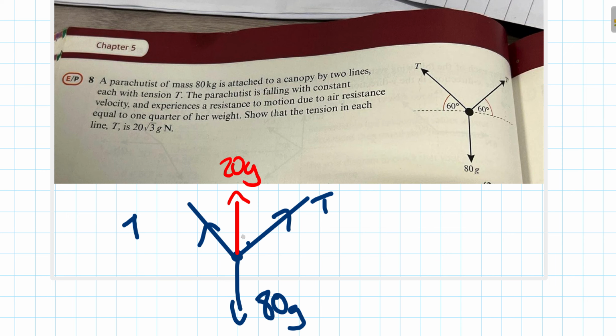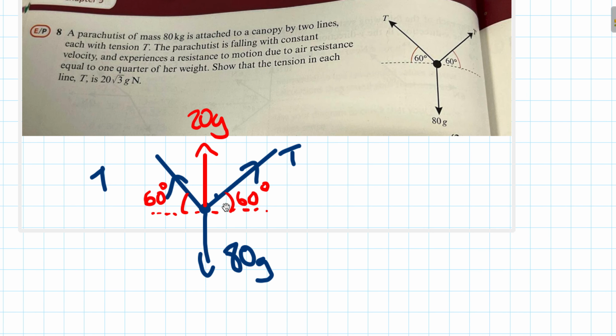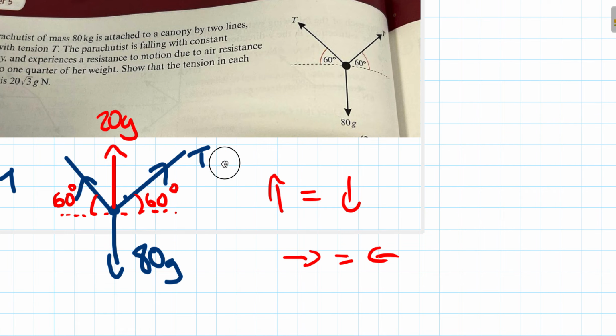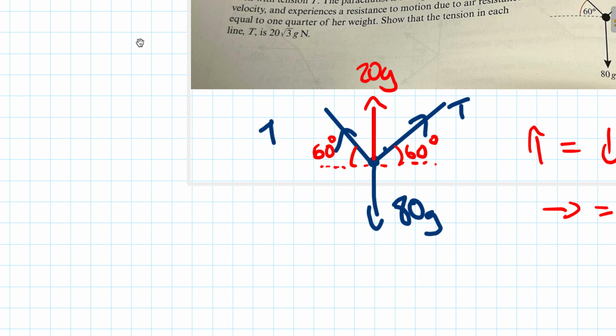So that's our model set up, and we've got our angles here, 60 degrees and 60 degrees. It's falling with a constant velocity, therefore the forces are balanced, so up equals down and right equals left. There are three upward forces here. The first upwards force is the 20G.